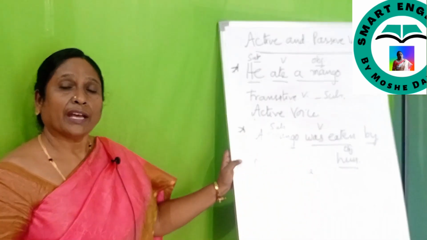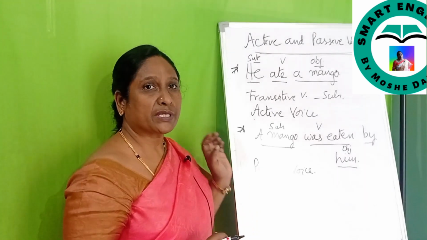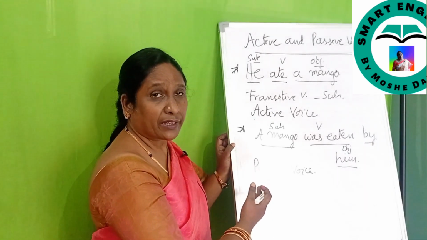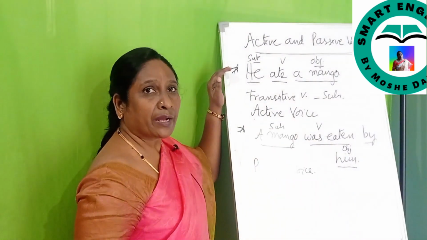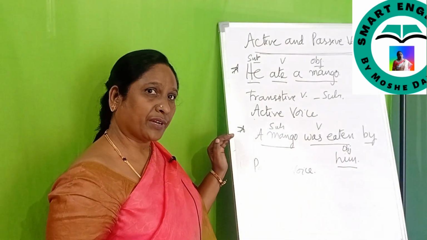Now, to make it more clear, I will give you a few rules. What are the rules we are going to follow while changing the sentence from active voice into passive voice?